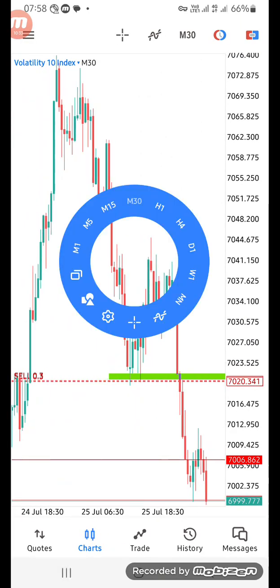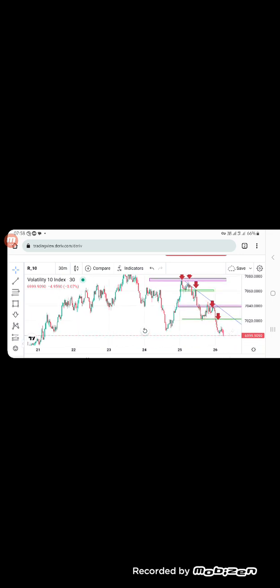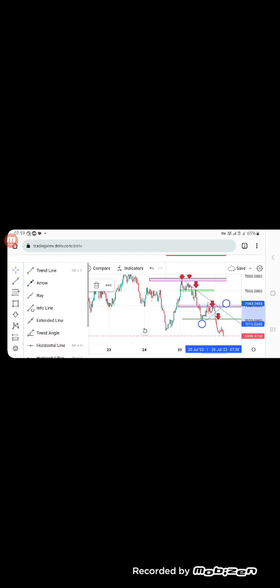Another thing, guys, if you want, but this is advanced, I wouldn't advise you to do it. You can also do these trend lines, but this is not the main trend line.